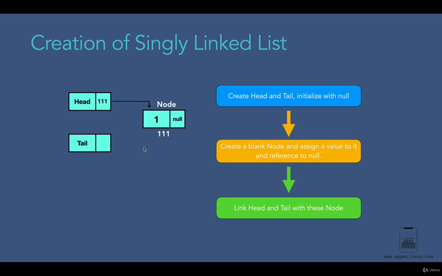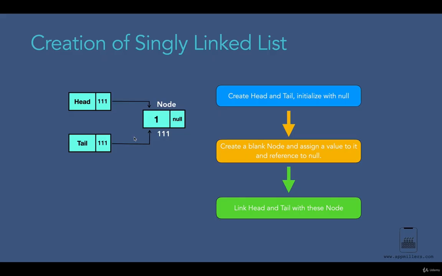We know that tail also has to reference the last node, and in this case we have only one node in our single linked list. That's why tail will also reference the same node. This means that the tail reference will be updated to 111, so this creates a link between tail and this node.